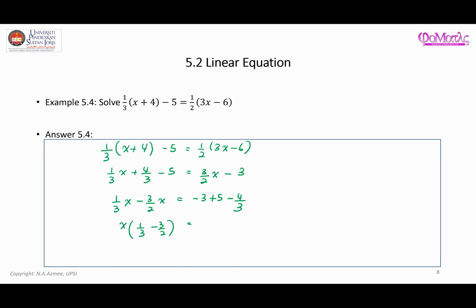Here you will have 2 - 4/3 on top. Therefore, 2 - 4/3 is 2/3, so x is equal to 2/3 over (1/3 - 3/2), and 1/3 - 3/2 is -7/6. And this can be further simplified as x = -4/7.